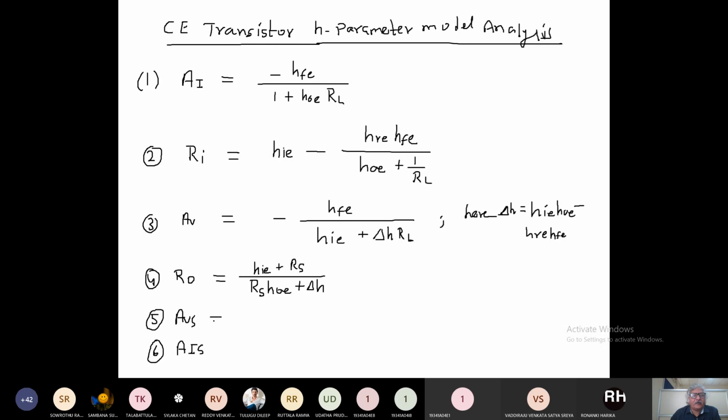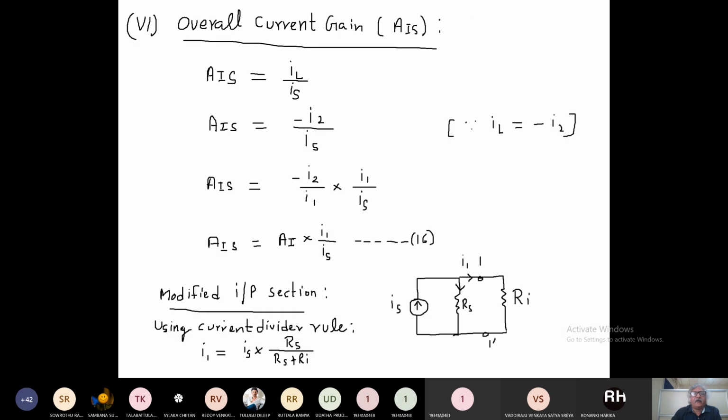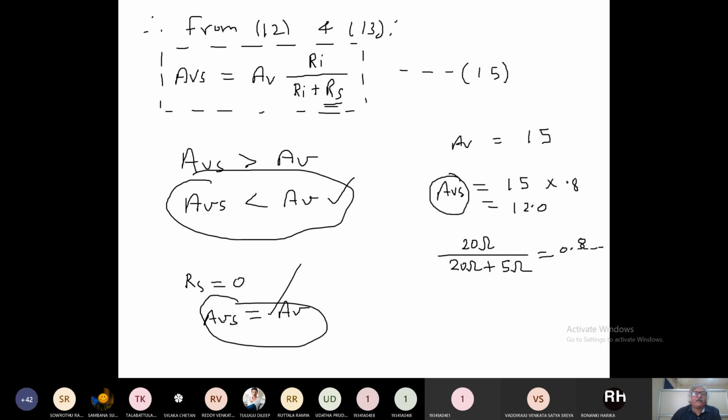Then AVS, we already calculated yesterday. This expression is the same. There will be no change in the expression.